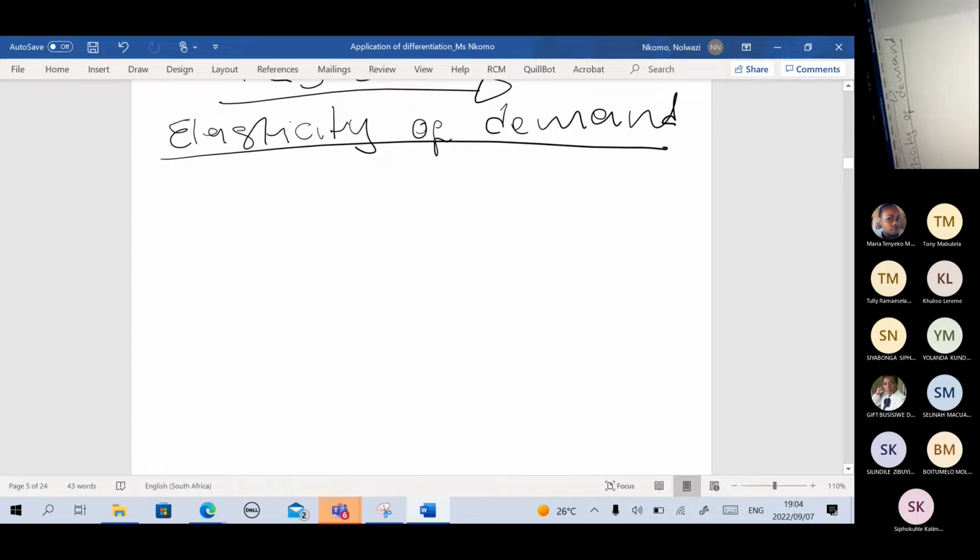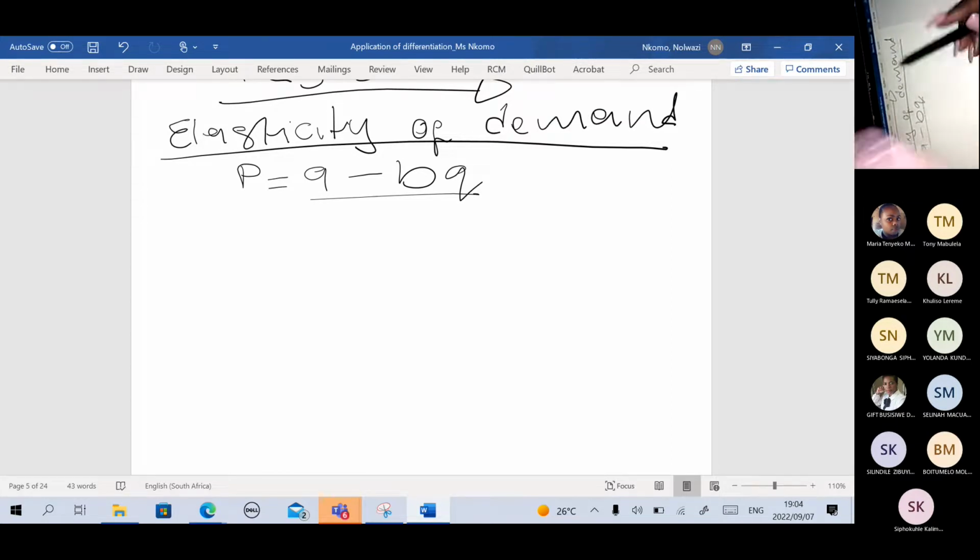Okay, suppose you are given a demand function as P = A minus BQ, where A and B are just constants.